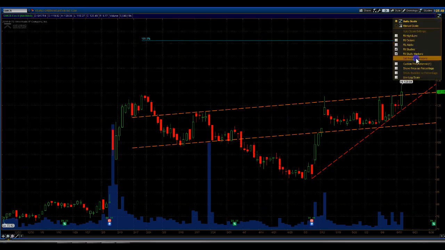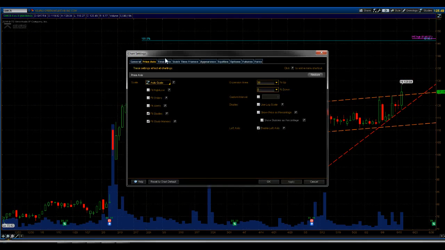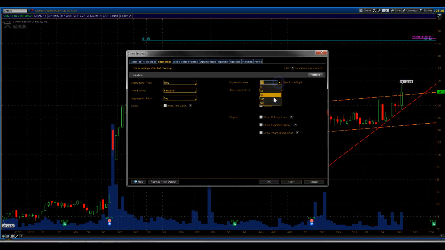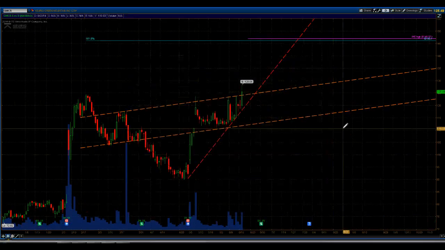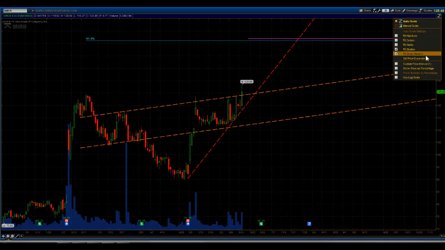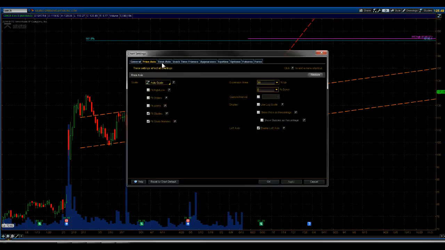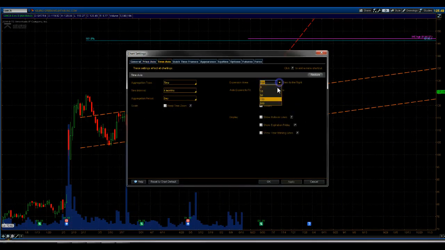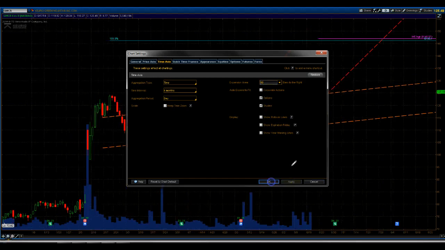If we go ahead and we scale out on the time axis, don't need 50. Scale out on the time axis 50 bars.